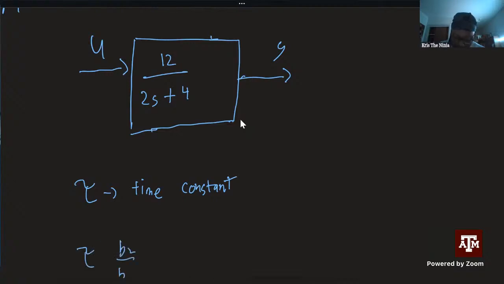This is B2, and this is B3. So now we have 2 over 4. So our time constant equals 1 over 2.